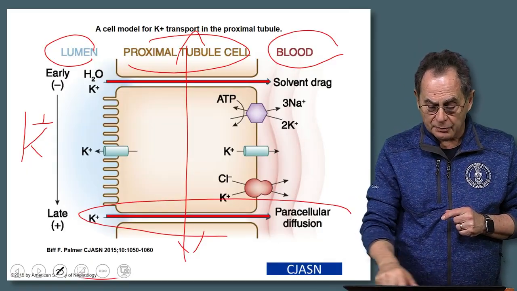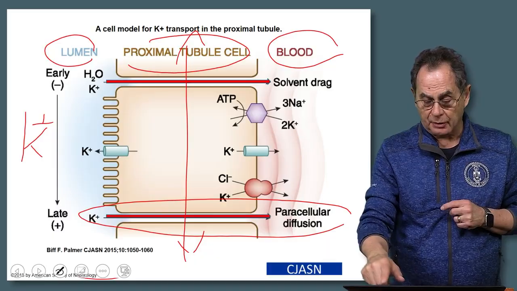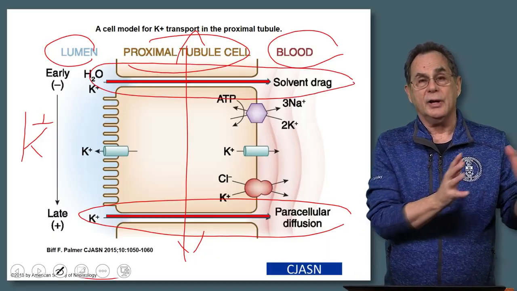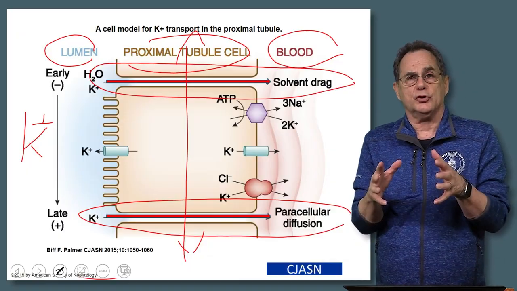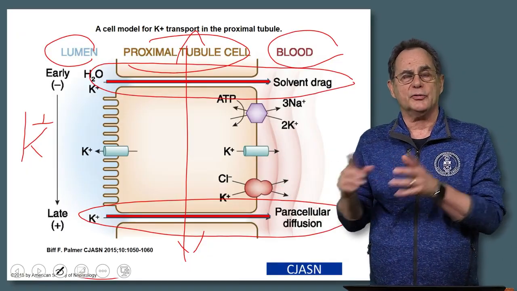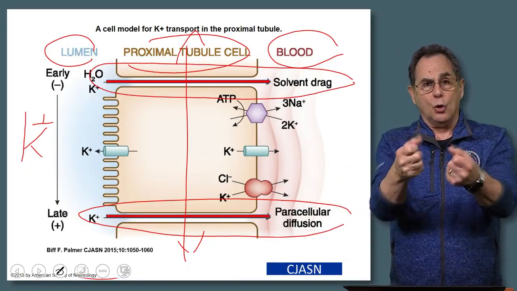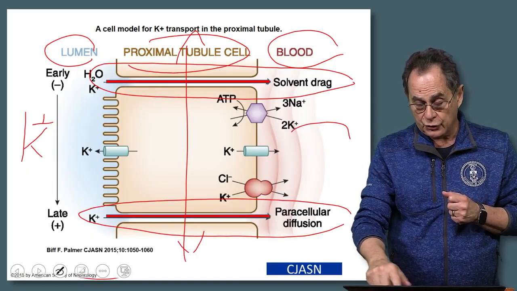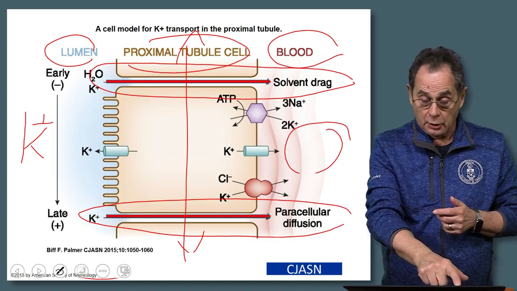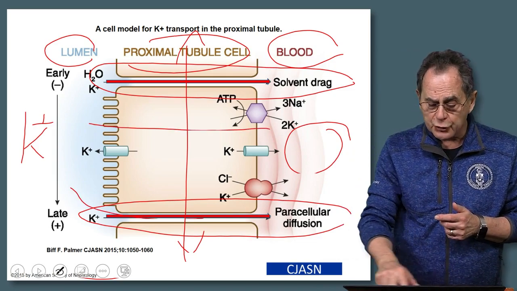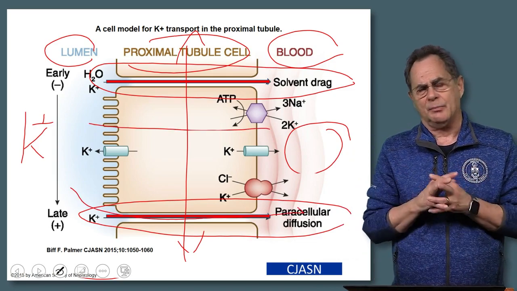Most of the reabsorption of potassium in the proximal tubule is due to solvent drag and paracellular diffusion as water is reabsorbed. So remember, sodium reabsorption and extrusion into the peritubular space drives the reabsorption of water across the cell, but also between the cells. It's a leaky epithelium.